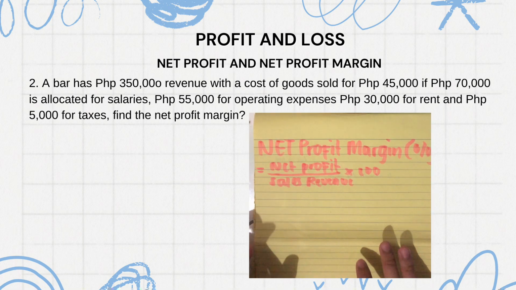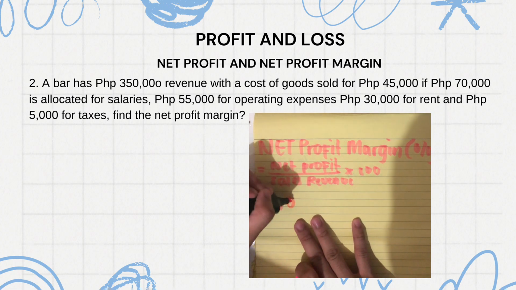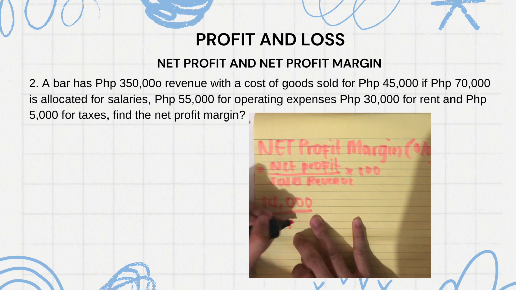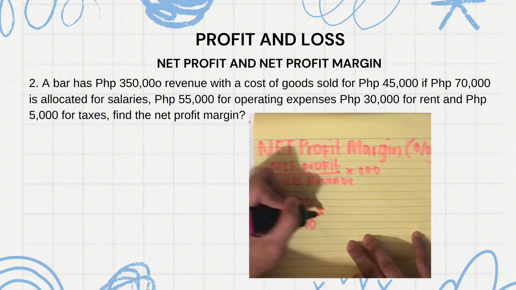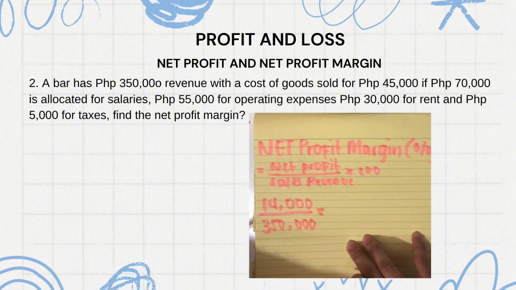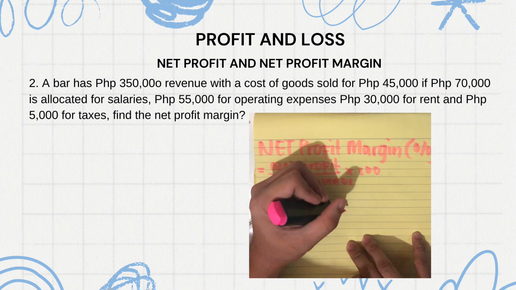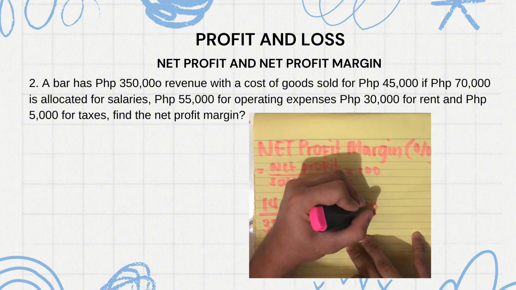So for our profit here, we have 145,000 over sales revenue, which is 350,000. Divide, the answer is 0.4142.